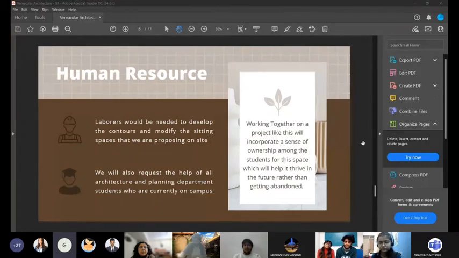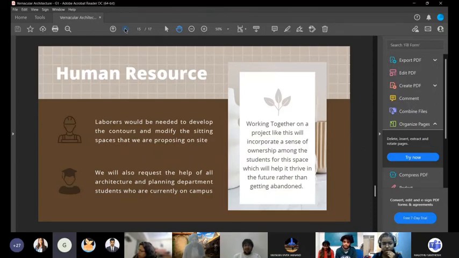But as part of our concept, we want every architecture and planning department student currently on campus to be a part of this project, because we feel it will create a sense of ownership among the students for this space. Along with that, we propose that any workshop activities or anything the students create will be added to this space from time to time so that it doesn't get stale and the students keep maintaining it moving forward.